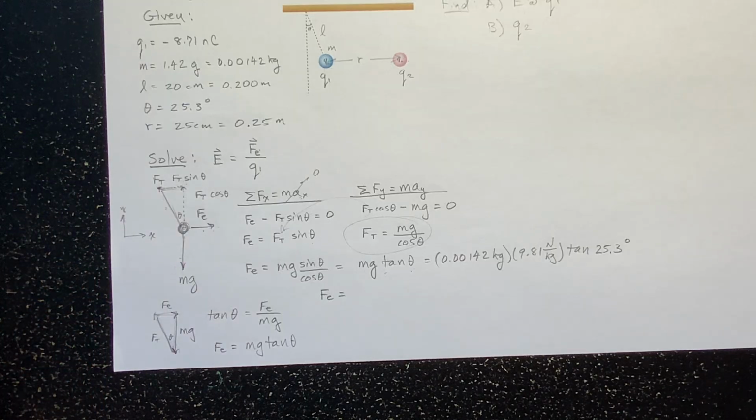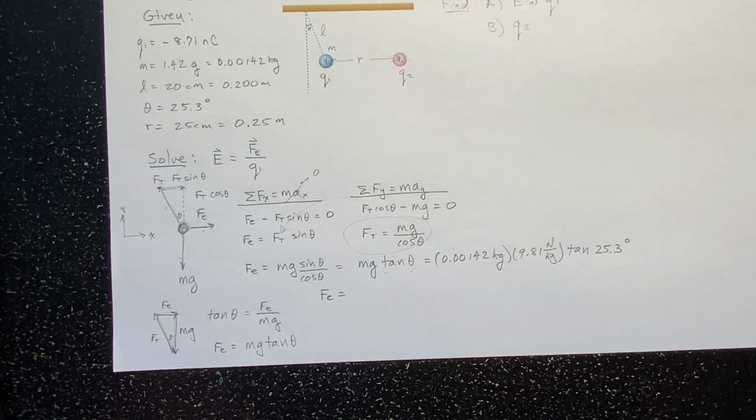And I get 6. Wait a minute. Oh, I'm just checking my work, making sure I'm not messing this up. Yeah, I got 6.58. Oh, that's interesting.